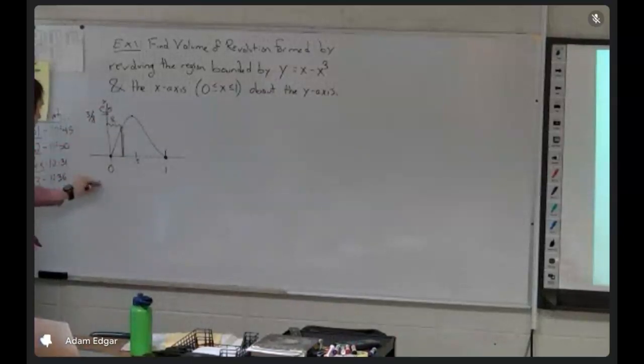Radius r is just x. If we were rotating about the line x equals -1, then this would be x minus -1. So right minus left: you're at a position x along the x-axis, you subtract the axis of rotation on the left, that's x minus 0, and you get x for your radius.